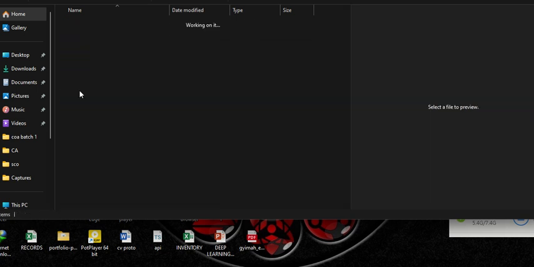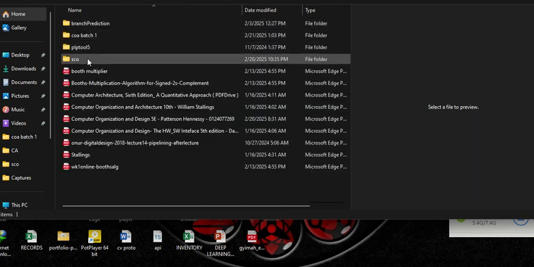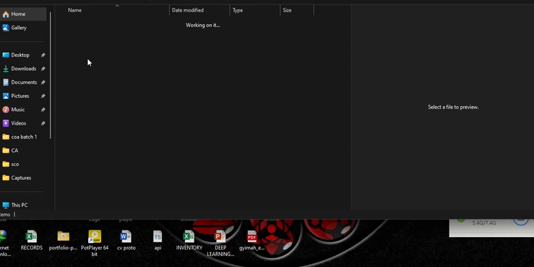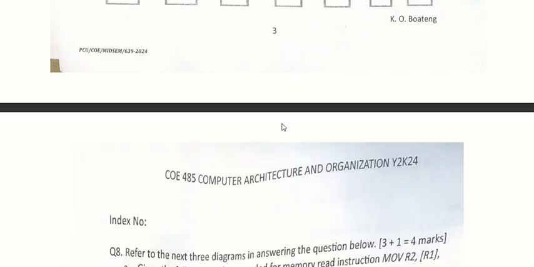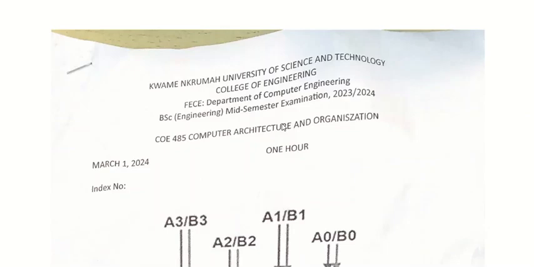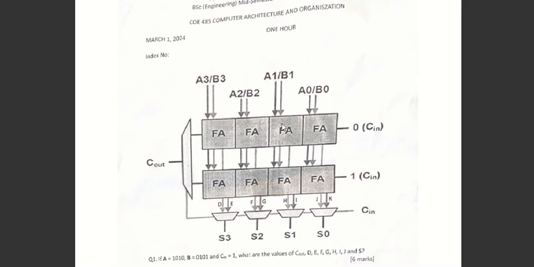Computer architecture. Okay, I think this one. Oh, it's not. Okay, yeah, this one. So there's the question, and it's a past question actually.